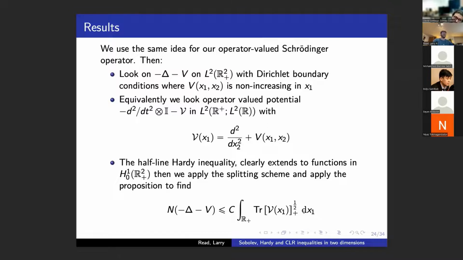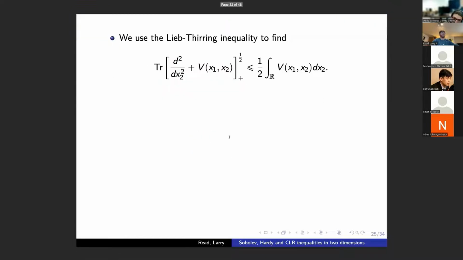And now what you do is you just have the trace of the positive eigenvalues of this operator here. Well, that's just the same as the trace of the negative eigenvalues of the negative version of that, which is just the standard Lieb-Thirring inequality. And in this case, we have an explicit constant for our Lieb-Thirring inequality, and this should be C here.